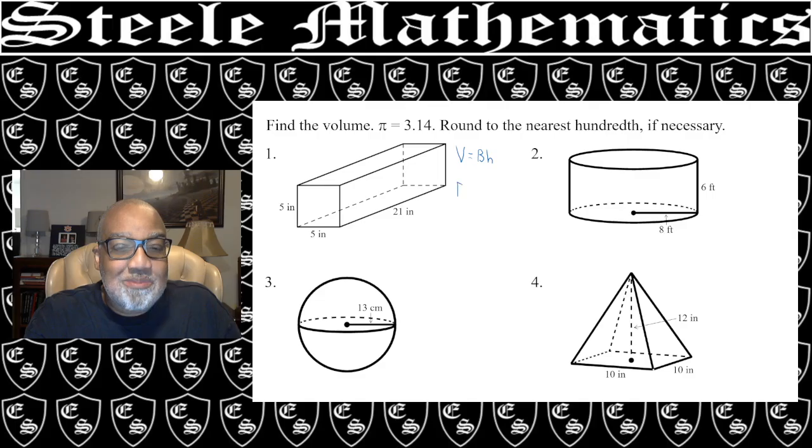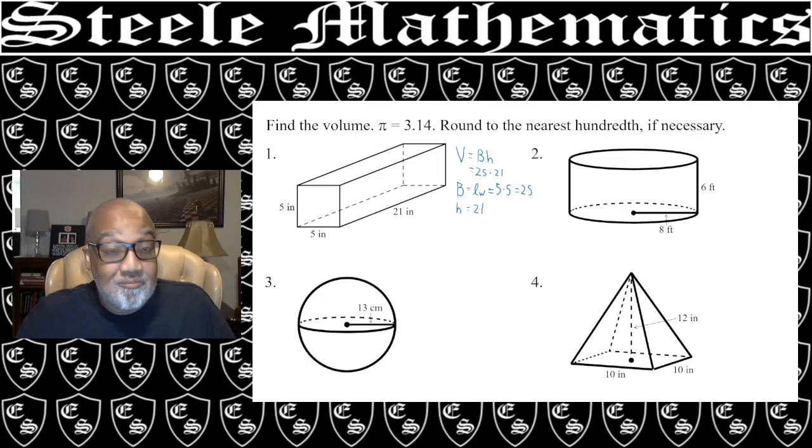The base is shaped like a square, therefore you would use length times width, which is 5 times 5, which is 25. And the height of the prism would be 21. Therefore, this is 25 times 21.